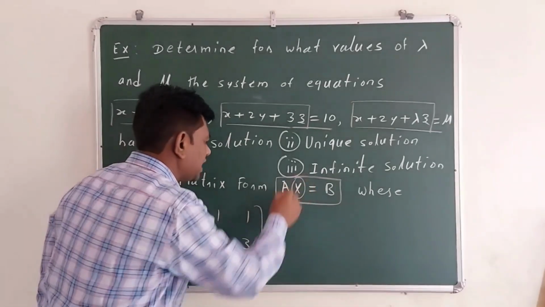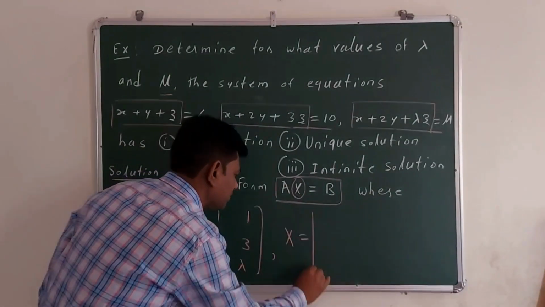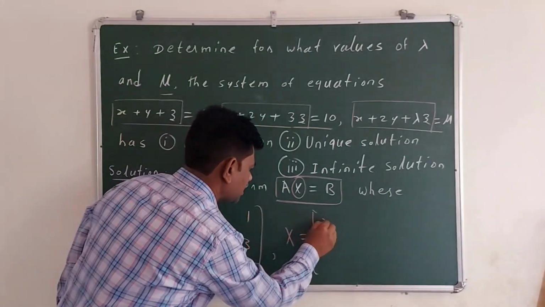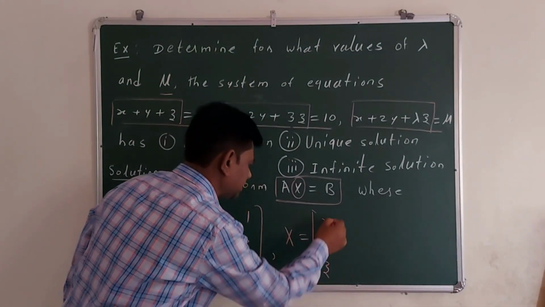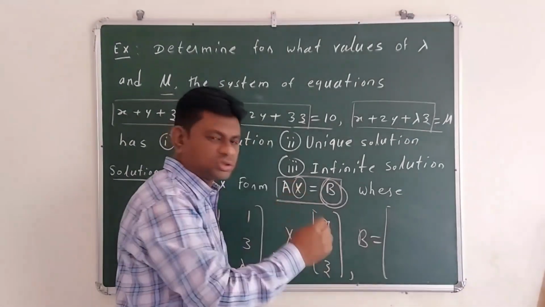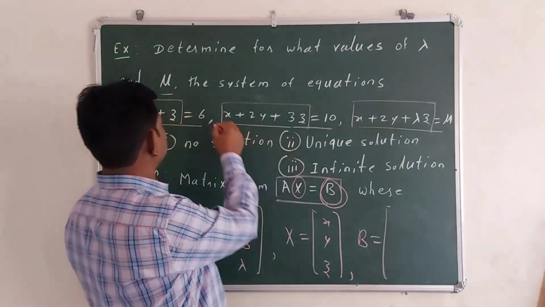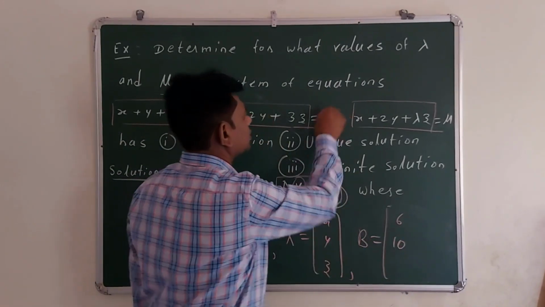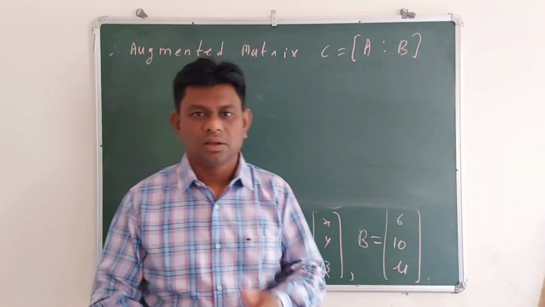Next is x, the variable column matrix. Here the variables are x, y, z. And B is the constant column matrix, so here it is 6, 10 and mu.